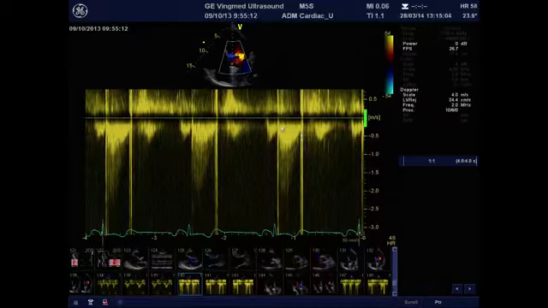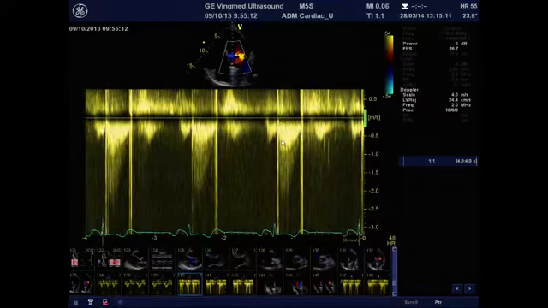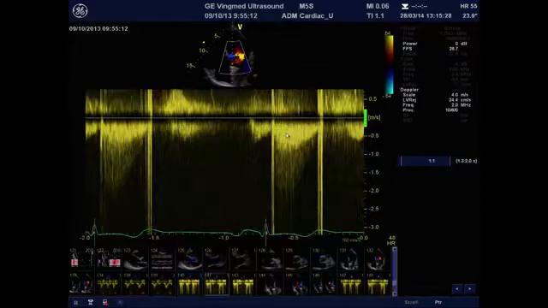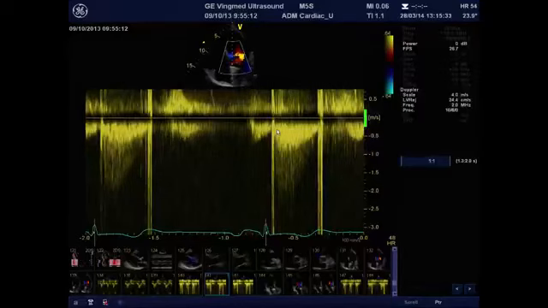And also you should note that this is a triangular shaped envelope and that it's an early peaking with an acceleration time really short, less than 80 milliseconds. And then you will need to trace the envelope of that continuous Doppler flow.